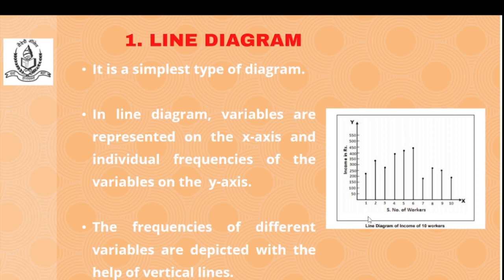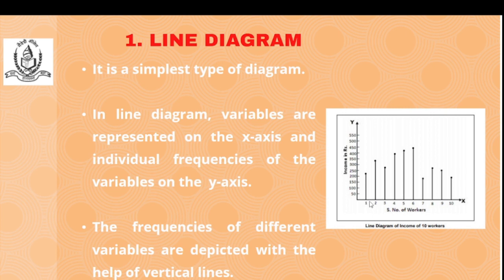Here you can see that it is actually a diagram to represent the income of 10 workers. So on the x-axis, or the horizontal axis, the different number of workers are taken, and on the y-axis, income in rupees. On the x-axis, you can see that each one of the workers is represented as a single entity, so 1, 2, 3 given by these numbers, and on the y-axis you can see the income in rupees.